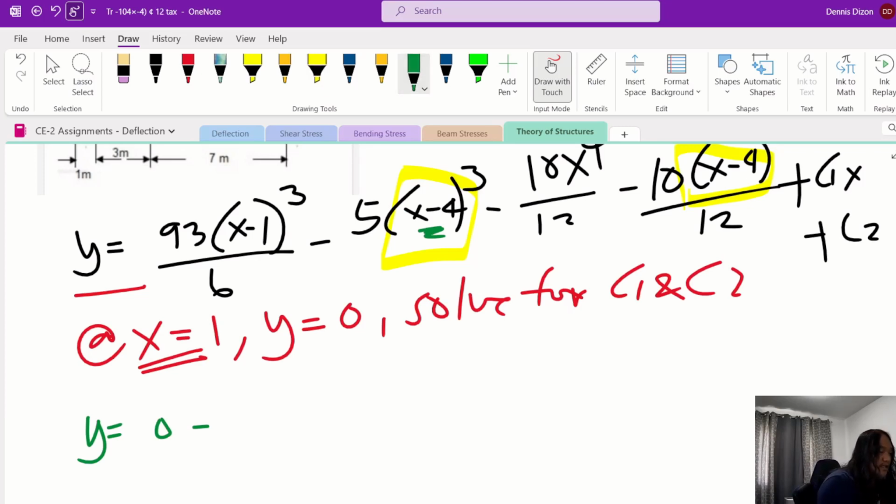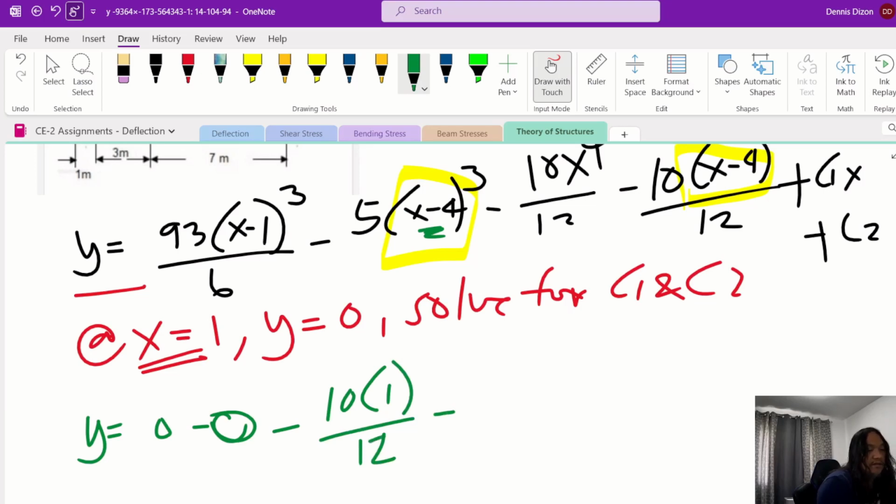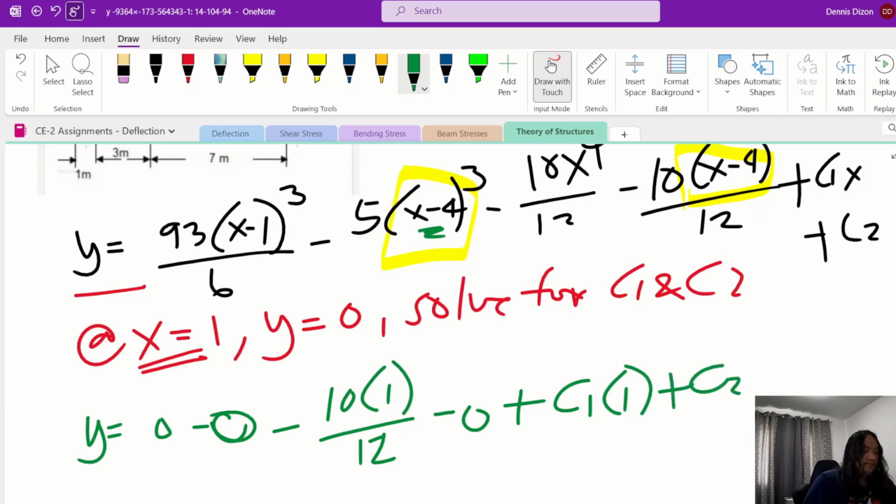So you can directly say that this term here is 0. And then minus 10 times 1 over 12. And then minus this one again, x minus 4 will yield a negative value, so this is 0. And then plus C1 times 1, and then plus C2.